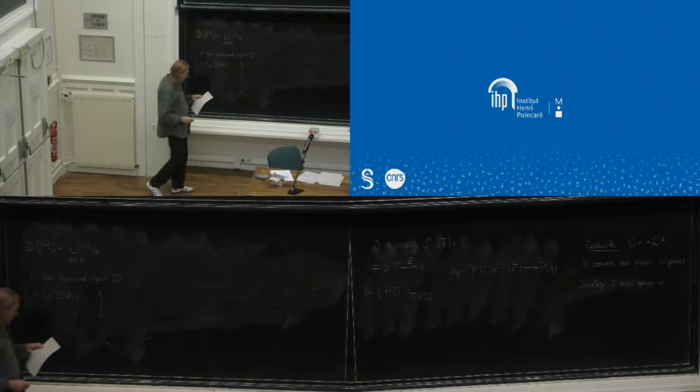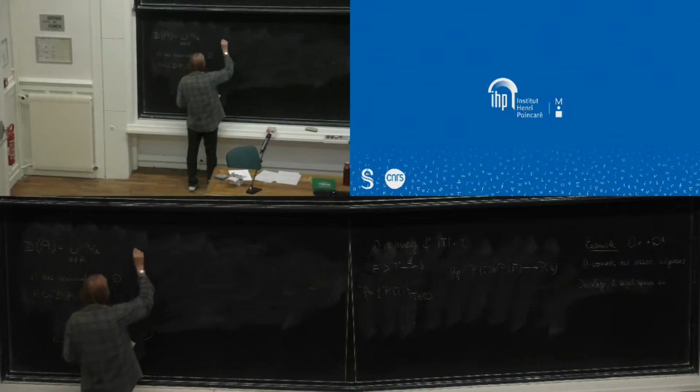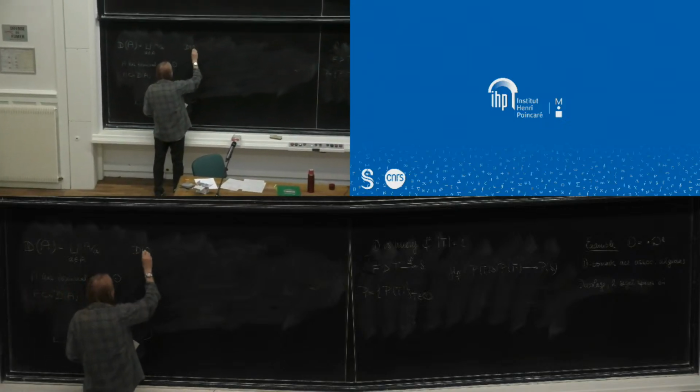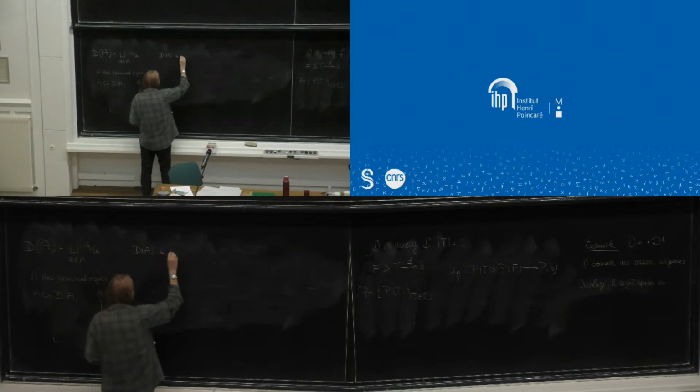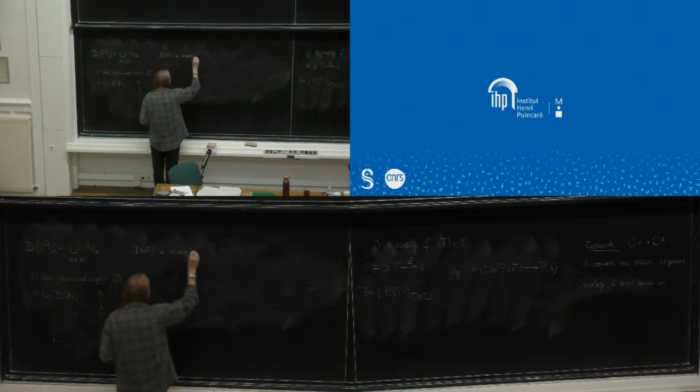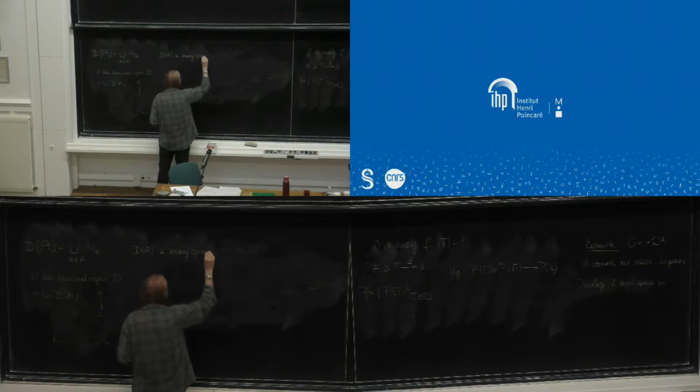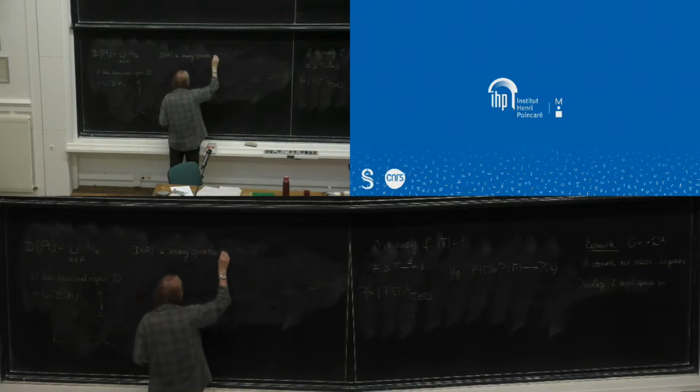Yeah. So now the claim is that dA is a unary operadic category.